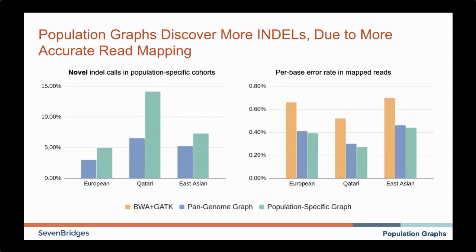Okay, next question from Sinem. How do you decide the optimum population size to build a graph reference? Should I take that, Amit? Please. So we have an optimal size for a population graph. We have a method to measure the genetic nucleotide diversity of a population.